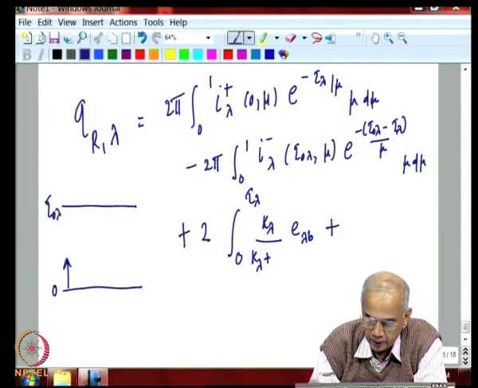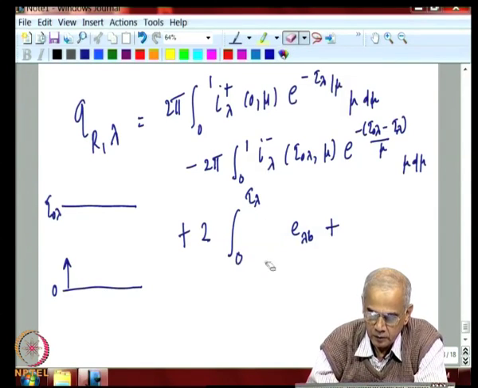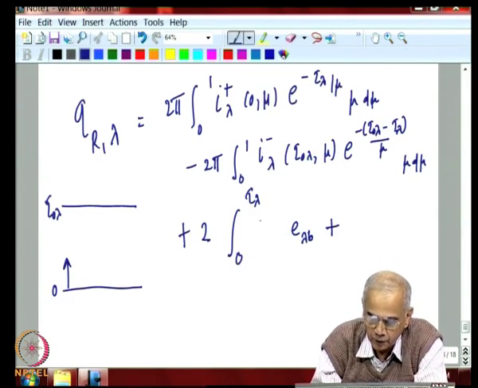Kappa lambda I will write in terms of A lambda, so that there is no confusion in the notation compared to what we used earlier.